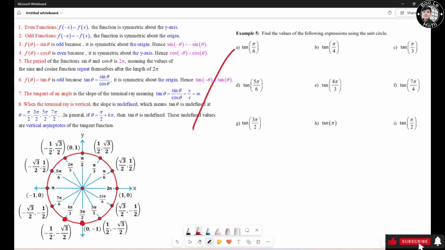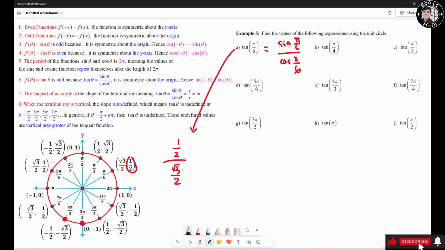Now let's calculate the value of tangent of pi over 6. Tangent of pi over 6 equals sine of pi over 6 divided by cosine of pi over 6. Sine of pi over 6 is the y value of the coordinate point right here, so it should be 1/2, divided by cosine of pi over 6, which is the x value right here, so it should be √3 over 2.